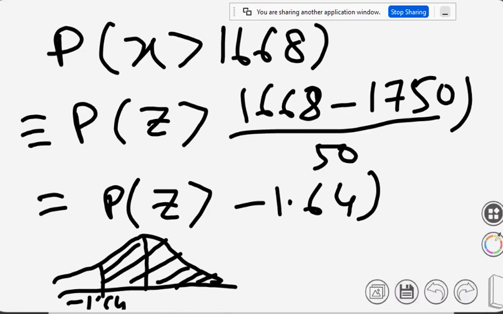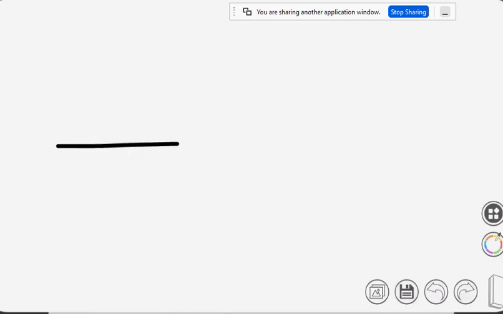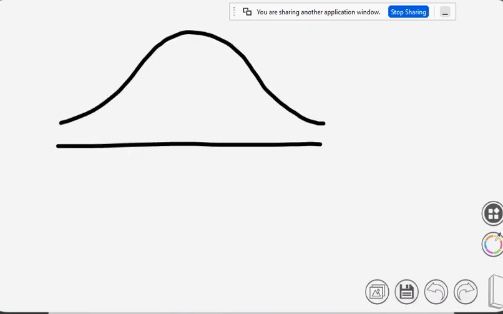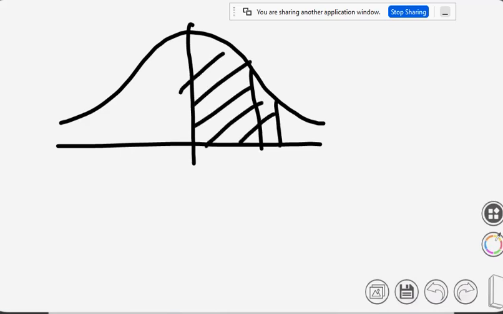Can you look at the table and tell me the value? 0.4494. Yes, for 1.64 the table gives 0.4494.